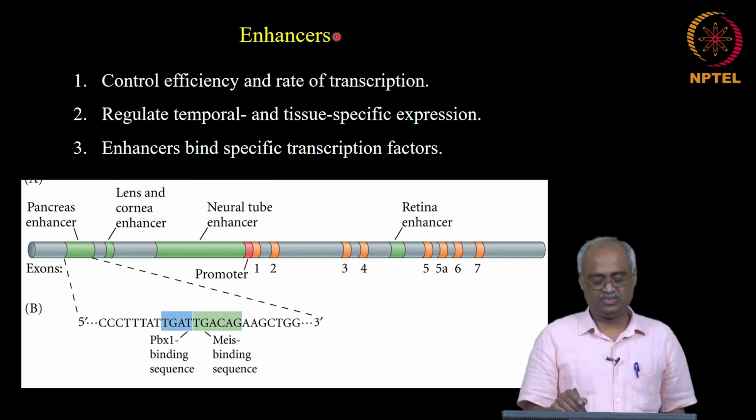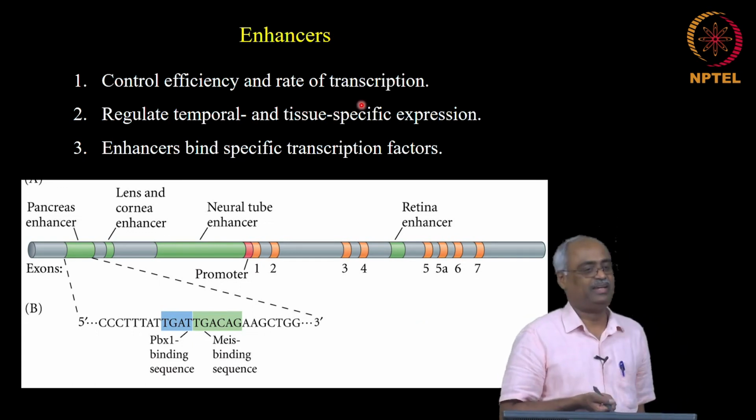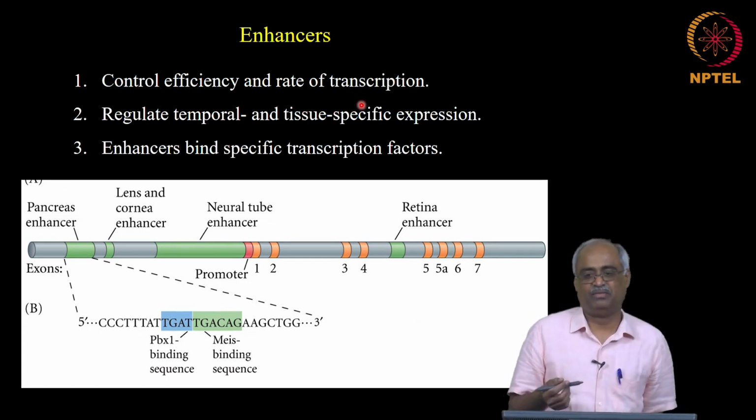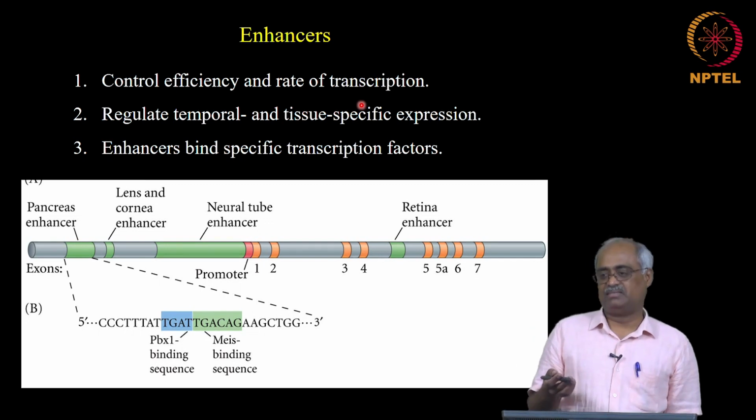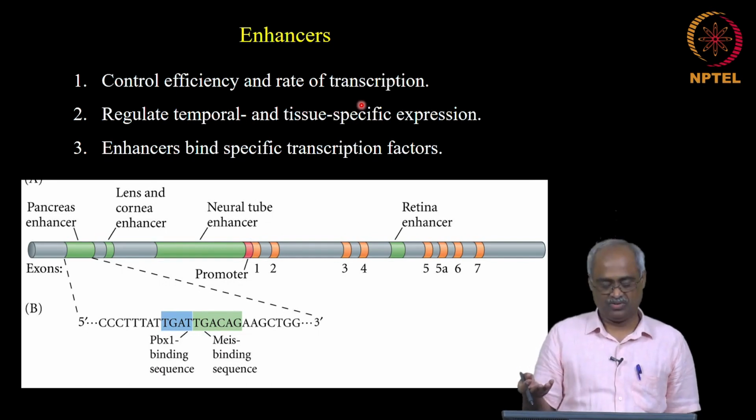So what are enhancers? The first point tells you they control efficiency and rate of transcription. Okay, so they may increase the rate, or in some places they very strictly specify spatial or temporal expression of a gene. That is shown here. This is the PAX6 promoter cartoon.